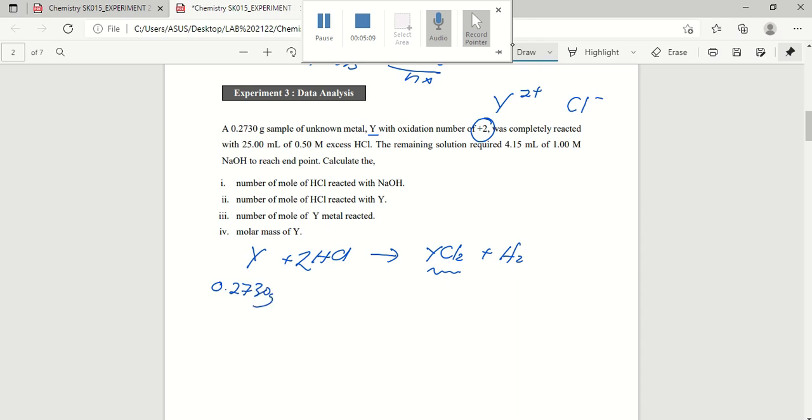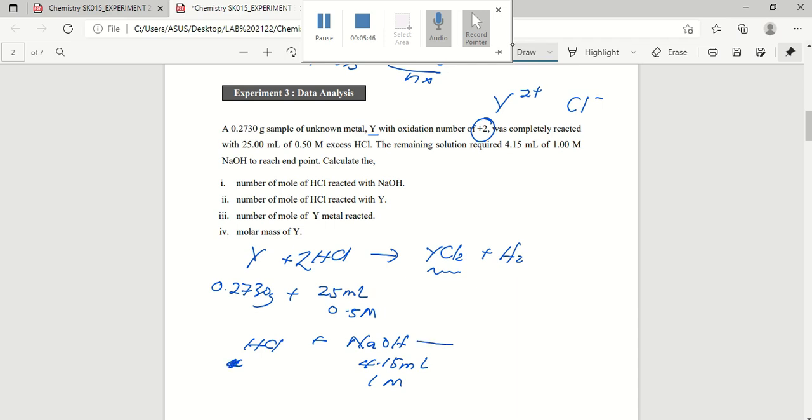Okay, this has 0.2730 gram. It is completely reacted with 25 ml of 0.5 molar excess hydrochloric acid. The remaining hydrochloric acid requires sodium hydroxide with the volume 4.15 ml and 1 molar to reach equivalence point.